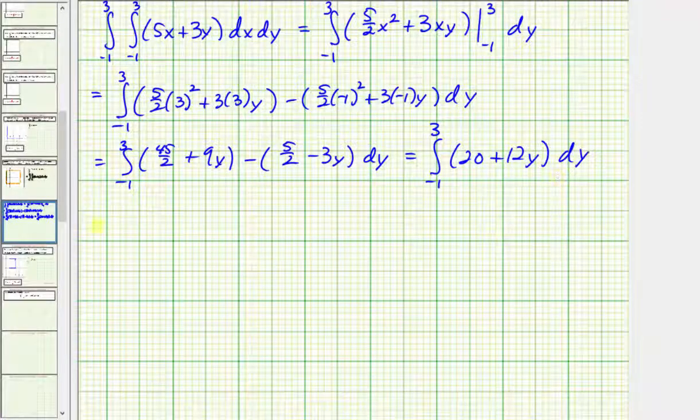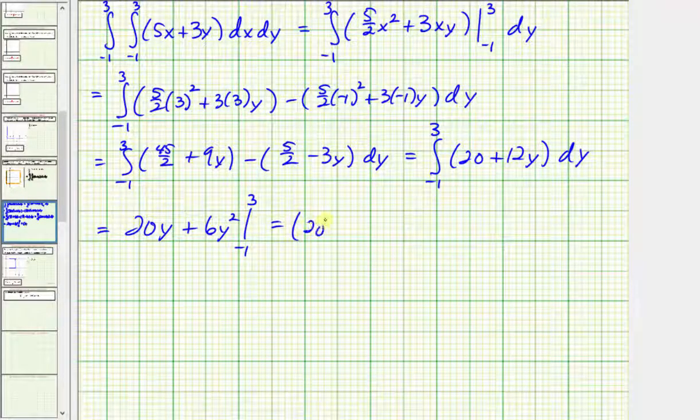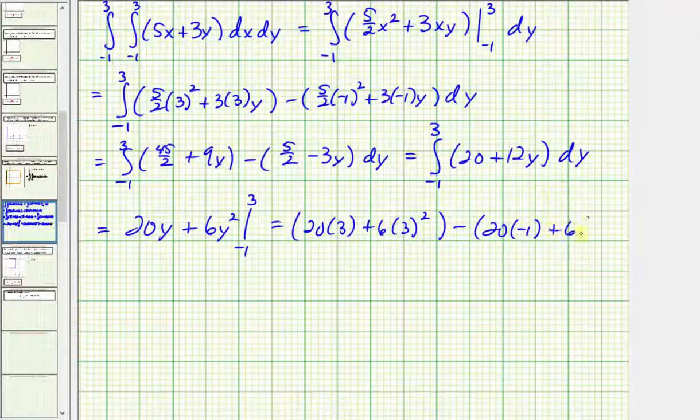Now we integrate with respect to y. So we have 20y plus 12 times y squared divided by 2, that'd be 6y squared. First evaluate at 3, so we have 20 times 3 plus 6 times 3 squared minus, substitute -1 for y, so we have 20 times -1 plus 6 times -1 squared.